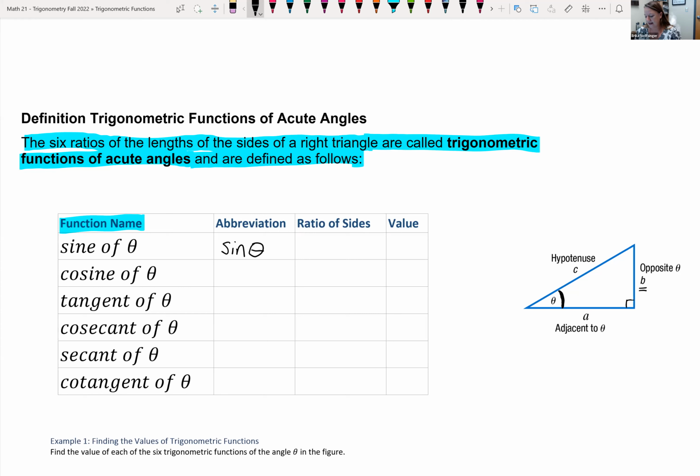In this case, the side opposite angle theta has length B, all over the hypotenuse, which has length C. So let's put B over C here, and let me put over here the ratio of sides as opposite over hypotenuse.